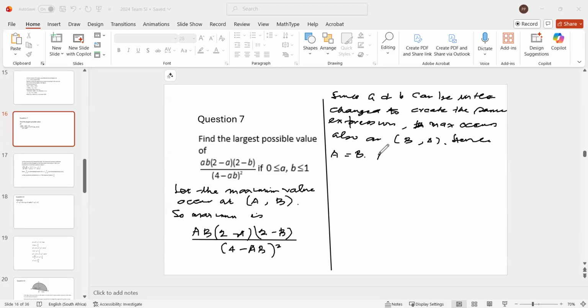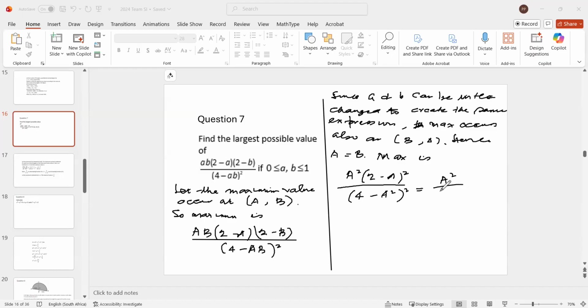So the maximum is, you can put A equals B here, and you'll get A squared, 2 minus A, and this is also 2 minus A. The denominator is 4 minus A squared, all squared, where A equals B. Now 4 minus A squared factorizes as 2 minus A, which is already there, and 2 plus A. So when you expand this, you'll get 2 minus A all squared, which cancels off with that.